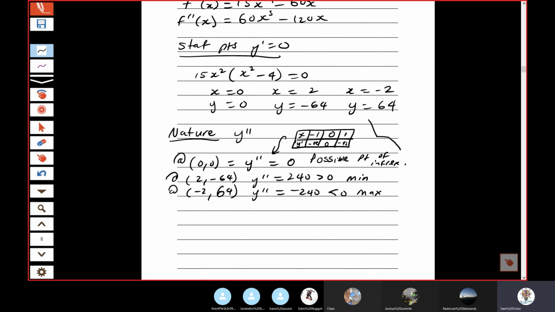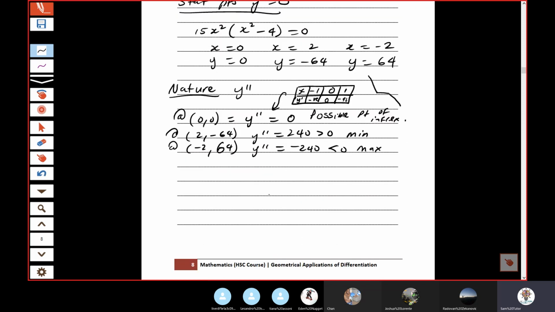Yeah, negative, 0, negative. All right, let's see. At 2, it's negative 64, which is a minimum. At negative 2 and 64, it's a maximum. And then we've got a horizontal point of inflection at 0, 0.